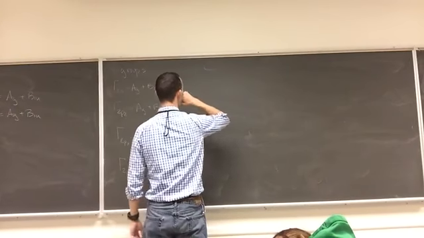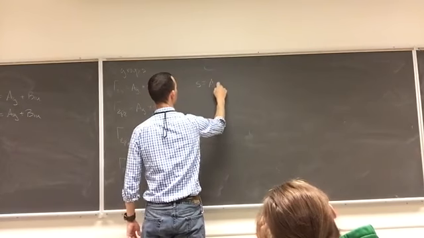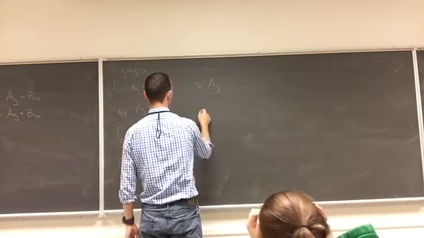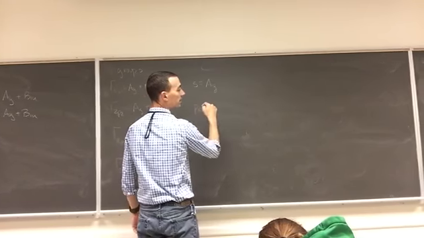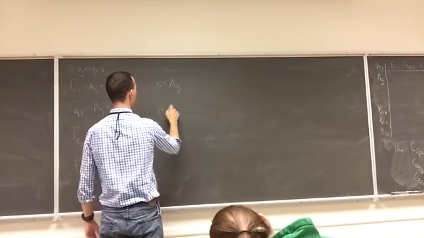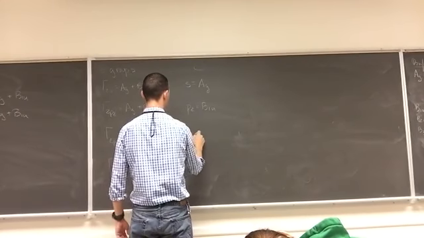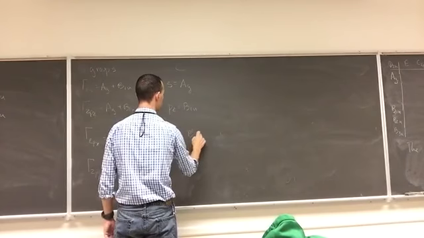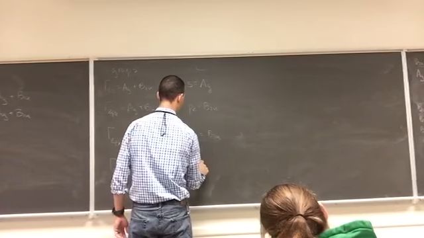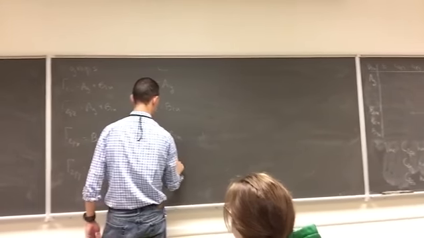Now, for the carbon, our s has Ag symmetry. Our pz has B1u symmetry. Our px has B3u symmetry. And our py has B2u symmetry.